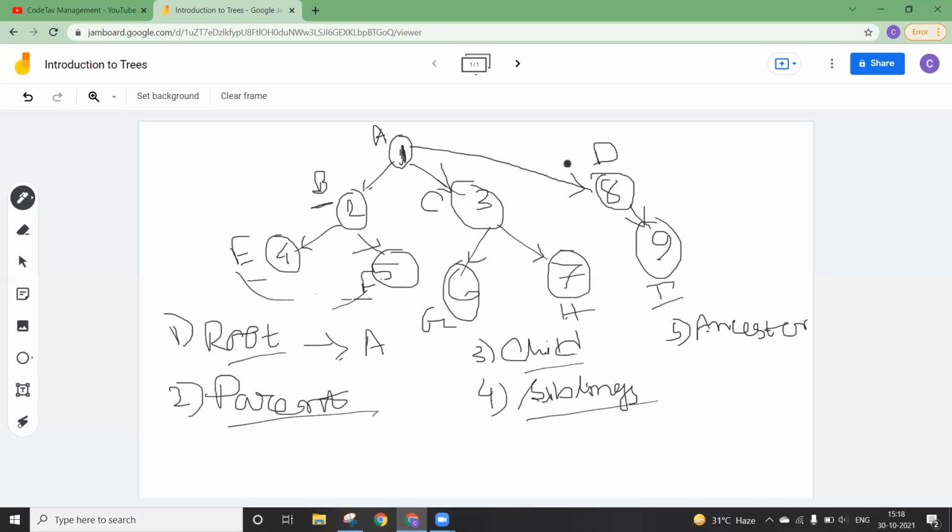Like A, B are the ancestors of node E, or A, C are the ancestor nodes of G or H. A, D are the ancestor nodes of I. Clear?